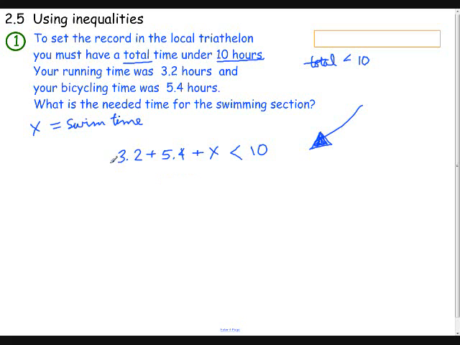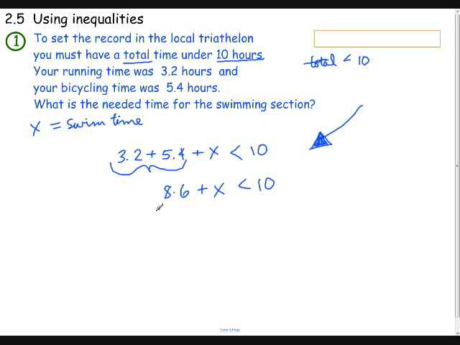Now we need to use our knowledge of algebra. These are common terms. We can add them together. We get 8.6 plus x is less than 10. Now the addition property of inequality is exactly the same as the addition property of equality.